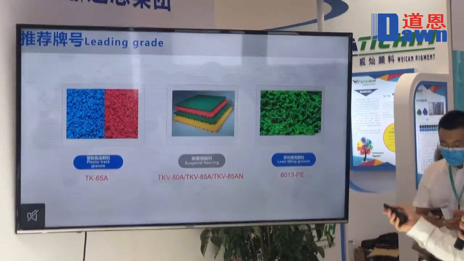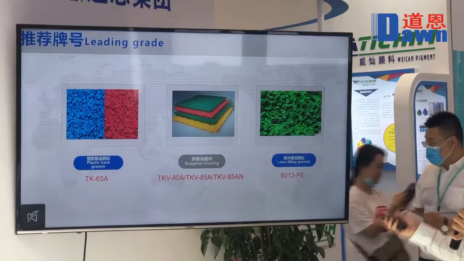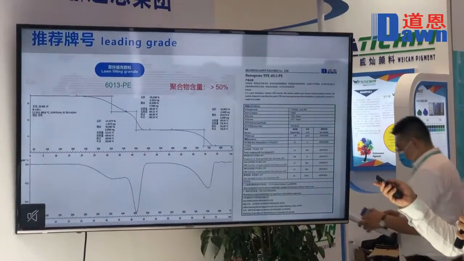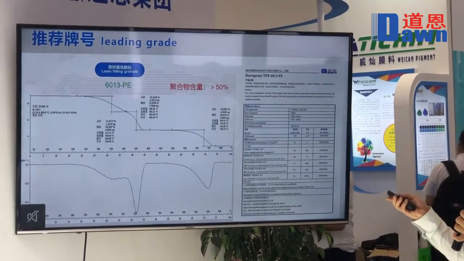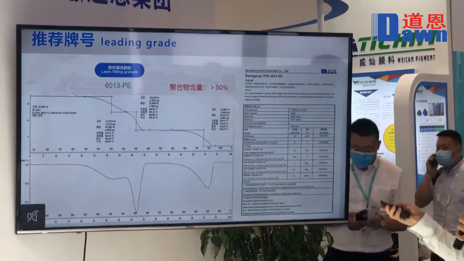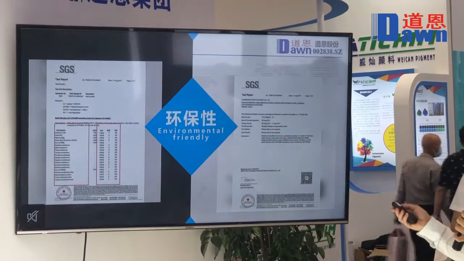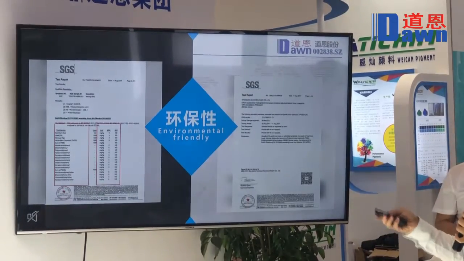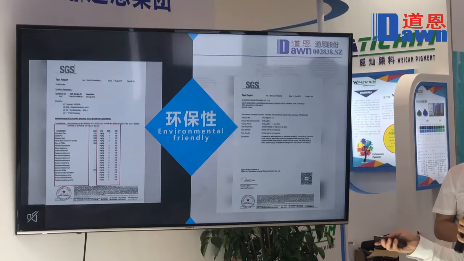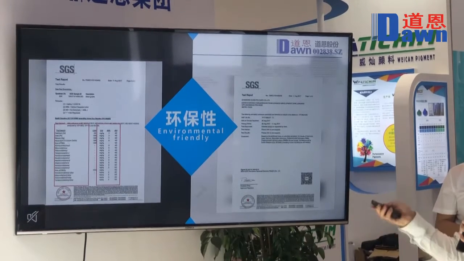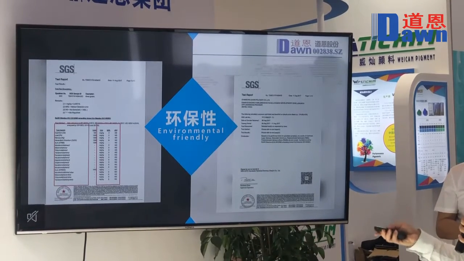This is the content of the polymer of this product. It's environmentally friendly. It also has a good property of coloring. Compared to other materials, we have multiple colors.